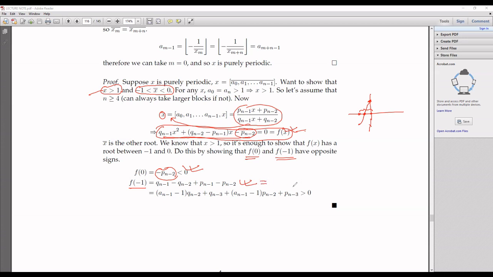They skipped one or two lines here. Let me write the lines in between. What is Qn minus 1? The iterative formula says that Qn minus 1 is An minus 1 Qn minus 2 plus Qn minus 3. This is the expression for Qn minus 1. They kept Qn minus 2 intact, so I'm doing that as well. Again, they expressed Pn minus 1 in terms of Pn minus 2.